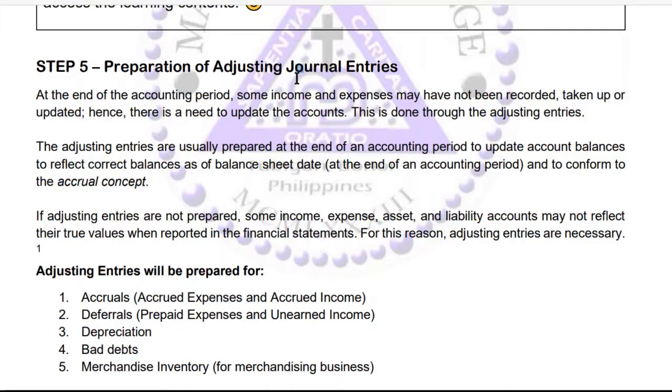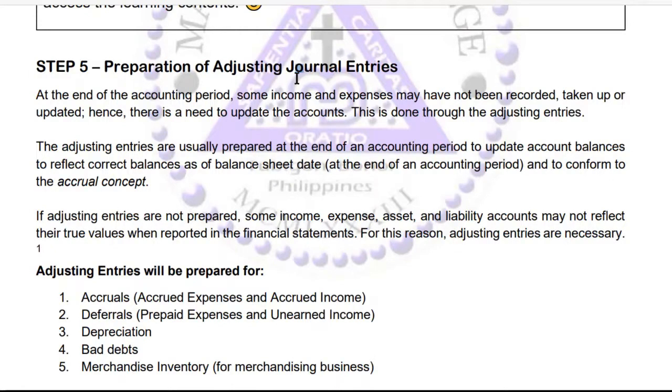So we already know what the accrual concept is, right? You need to record or recognize income regardless of whether collection has been made, as long as it is already performed, or you record an expense regardless of whether it is paid or not, as long as you already incurred those expenses.